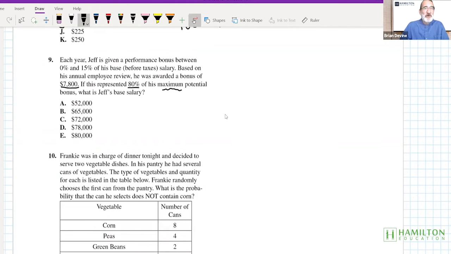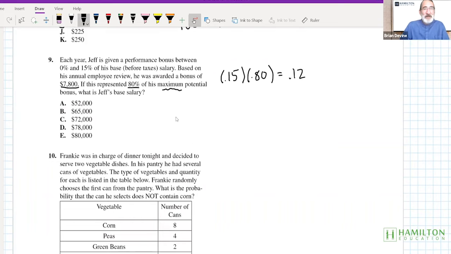Well, the maximum would have been 15% of his base salary. And if I look at 15% of his base salary, and he got 80% of that, that comes out to be 12%. So he really got 12% of his base salary.